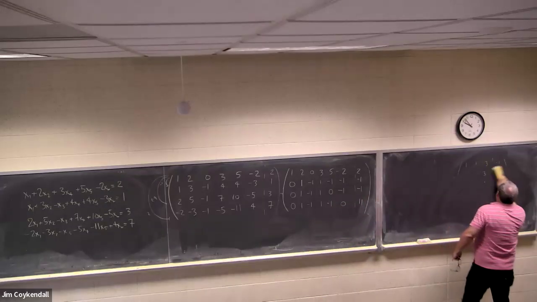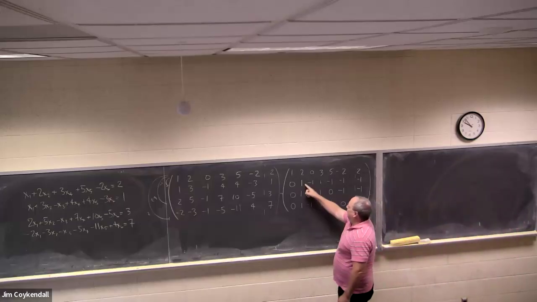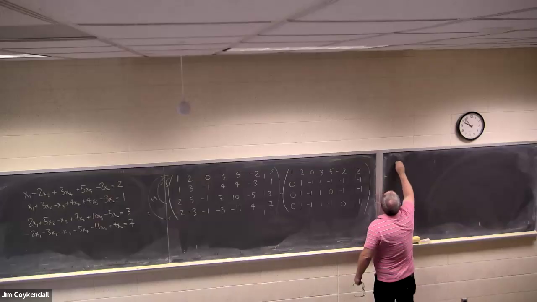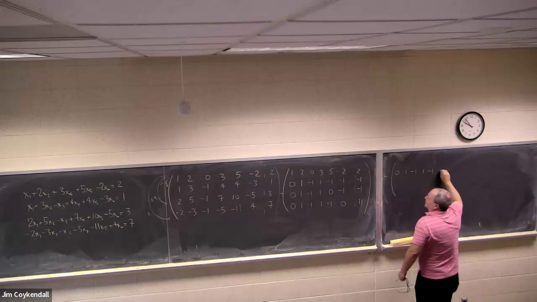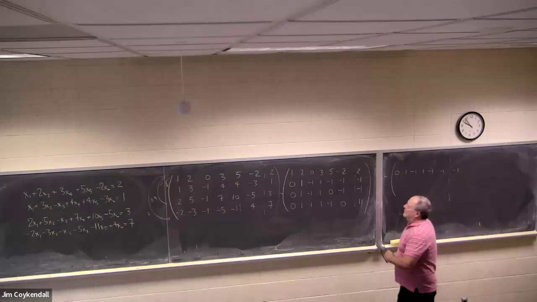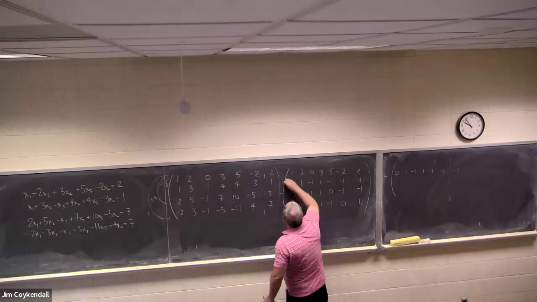Now, I'm in a lot of luck here because there's a lot of similarity here. I'm going to use this to take out the stuff below it and above it. So 0, 1, minus 1, 1, minus 1, minus 1, minus 1. I'm going to multiply this by negative 2 to take out the 2 above it.